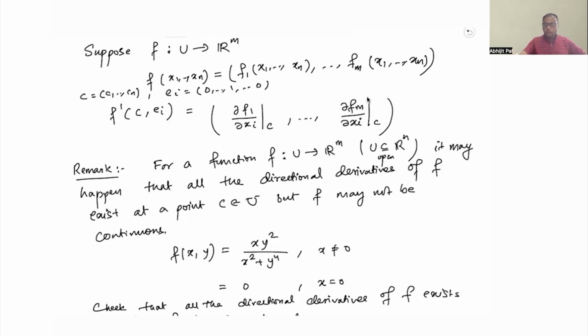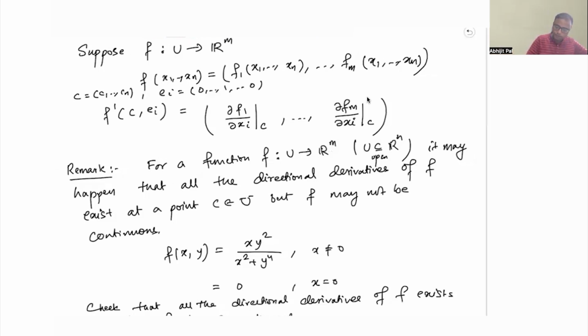Okay, so this notion of directional derivative is not the total derivative of f, so there should be something else. Now let me define what we mean by a differentiable function. We have talked about directional derivatives of a function.